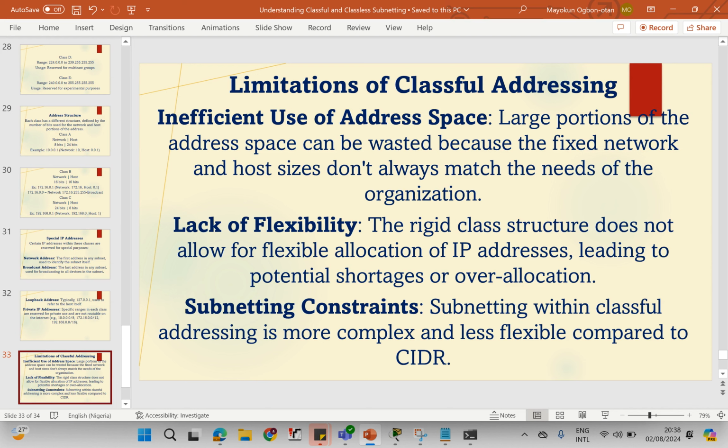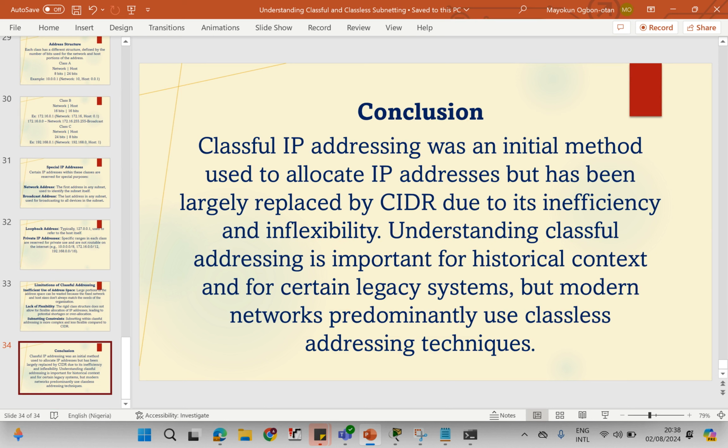Large portions of the address space can be wasted because the fixed network and host sizes don't always match the needs of the organization. Lack of flexibility. The rigid class structure does not allow for flexible allocation of IP addresses, leading to potential shortage or over-allocation. Subnetting constraints. You can't do any further subnetting. It's already there by default, so you just have to use it.